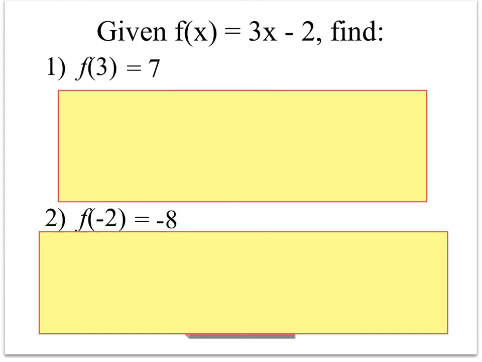We're towards the end of this presentation. Now we are going to take a look at evaluating function notation. So right here we are given f of x is equal to 3x minus 2. Now it's asking us to find, or evaluate, that would be the other term that you may see, the function when x is equal to 3.